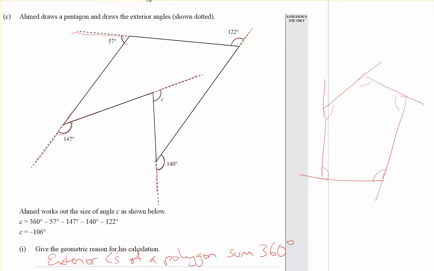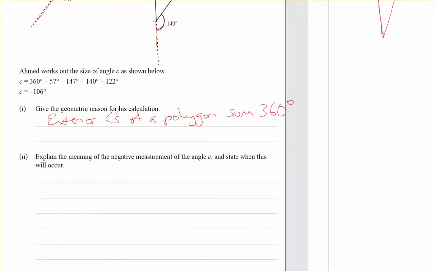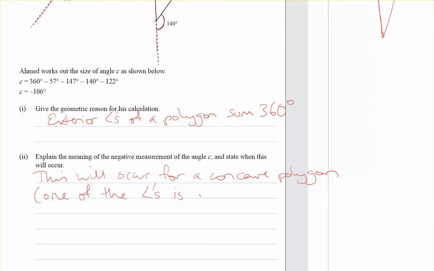But because they've taken two of the sides and gone in to make it a concave polygon, then we have this anomaly happening. So obviously this will occur for a concave polygon when one of the angles is inside the polygon.